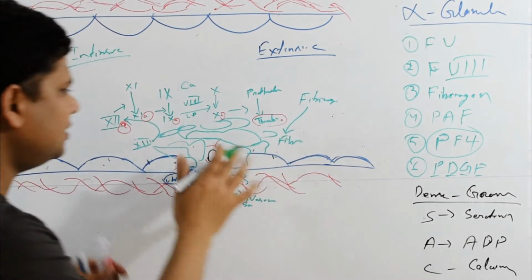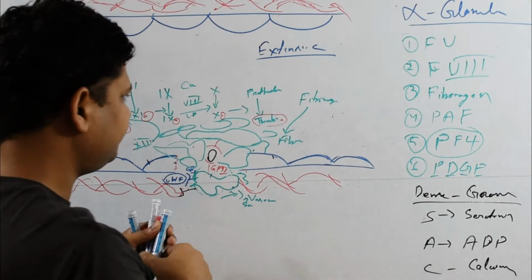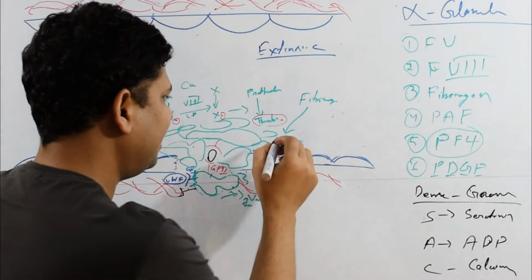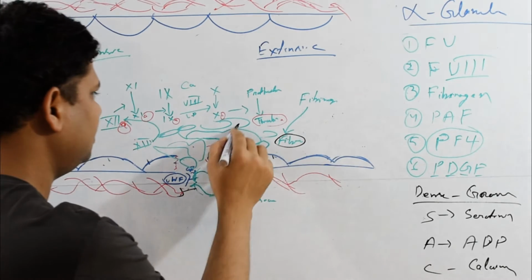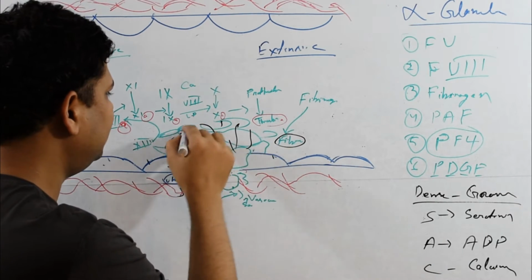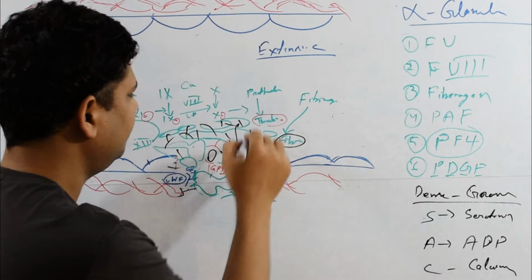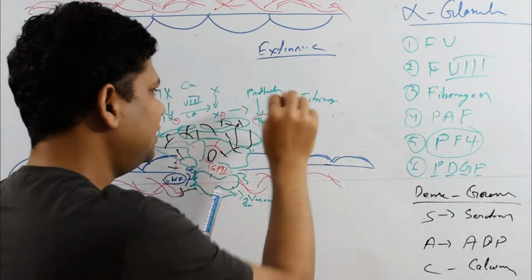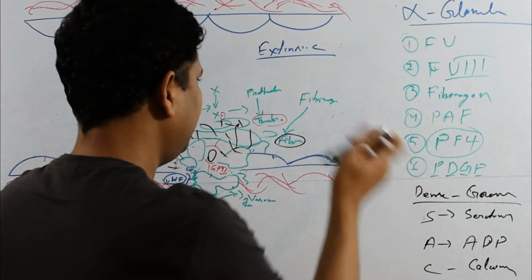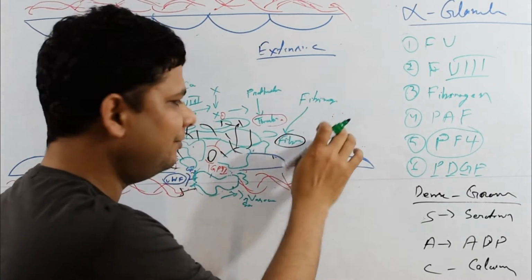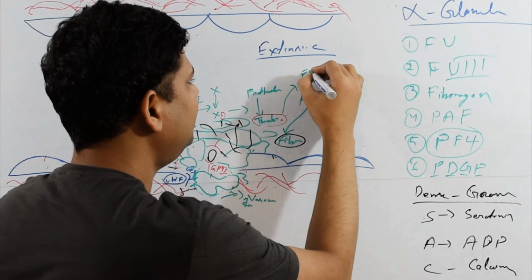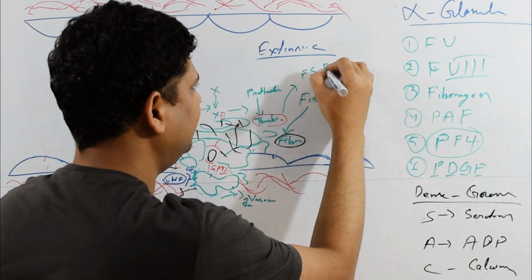These fibrin filaments will deposit, we will make them black color. So these fibrin filaments will deposit all over these clots. And what else does this thrombin do? Along with activating the fibrin, thrombin also activates fibrin stabilizing factor.